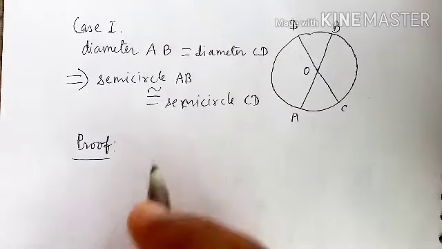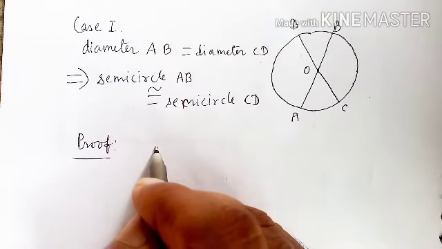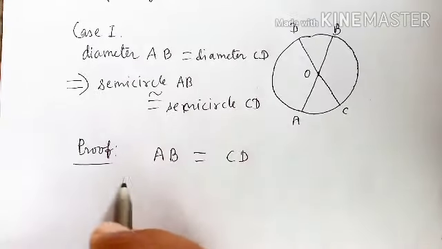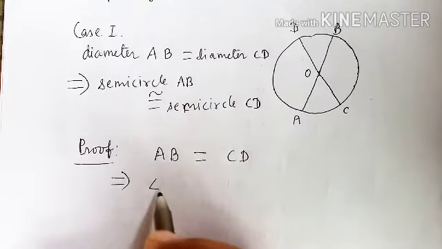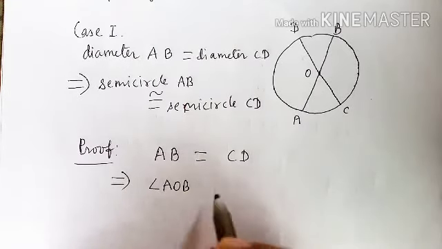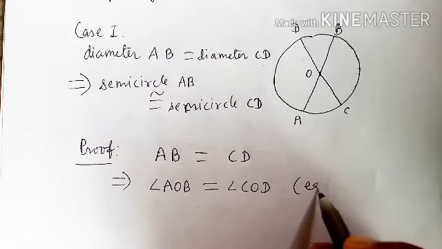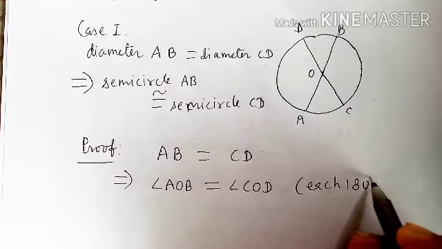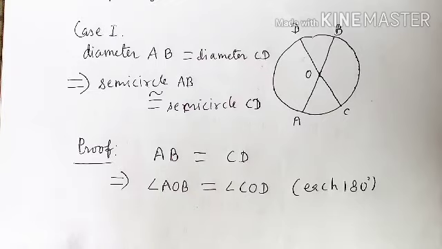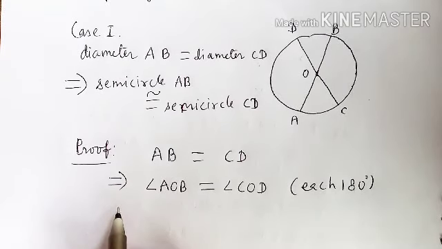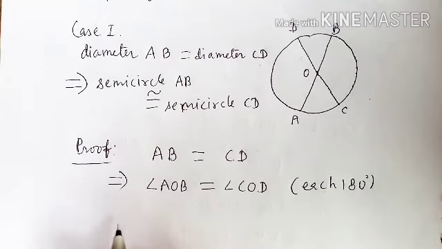Proof: diameter AB is equal to diameter CD. This implies that angle AOB and angle COD are each 180 degrees. You know, linear pair axiom or straight angle. So the angle on line segment AB, on diameter AB, is 180 degrees.